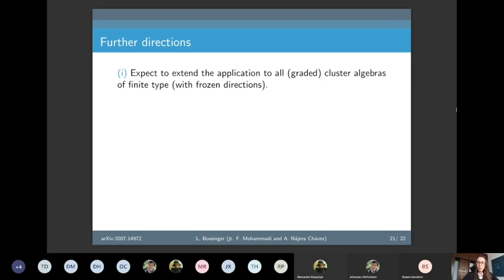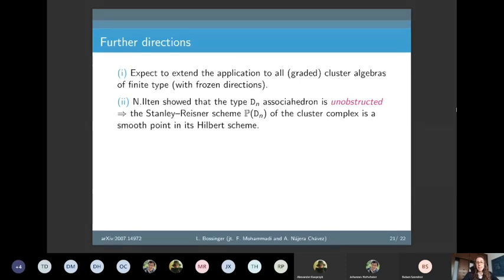And the second further direction is related to a talk that was given by Nathan Ilten a few weeks ago in the same seminar. He told us in his talk that the type Dn associahedra are unobstructed, which has as a consequence in particular that the Stanley-Reisner scheme of the cluster complex is a smooth point in its Hilbert scheme.